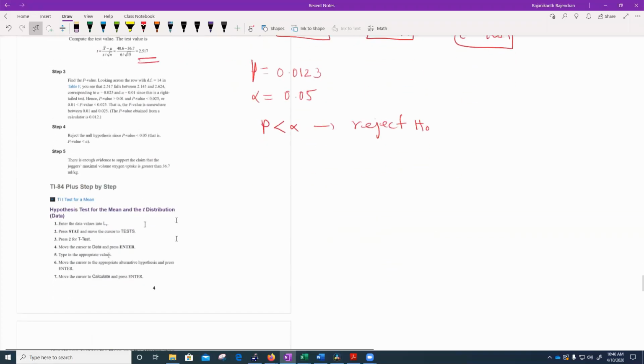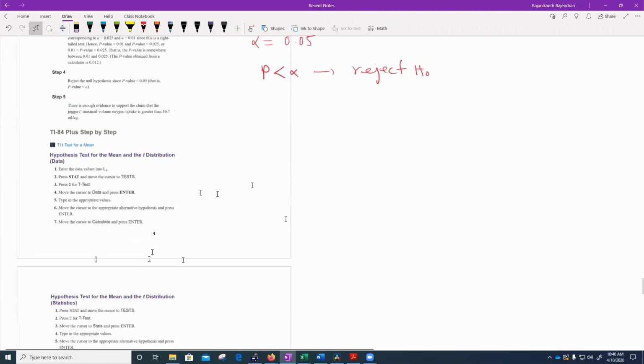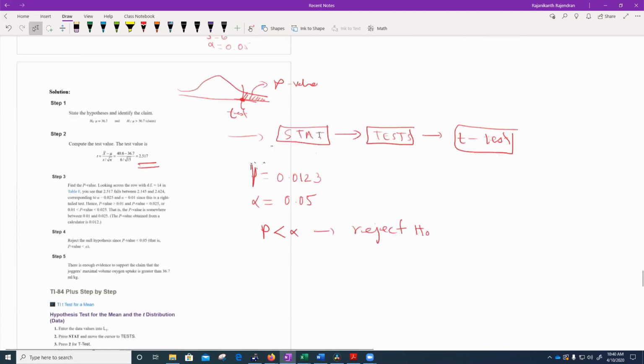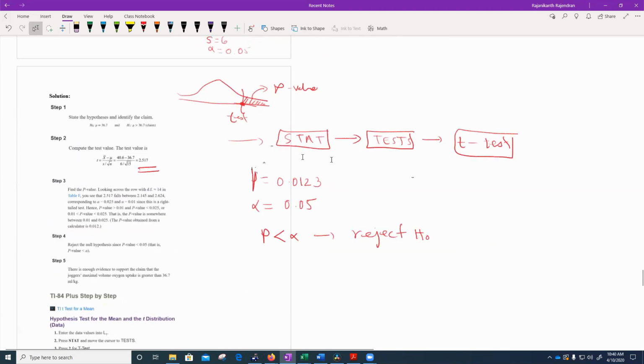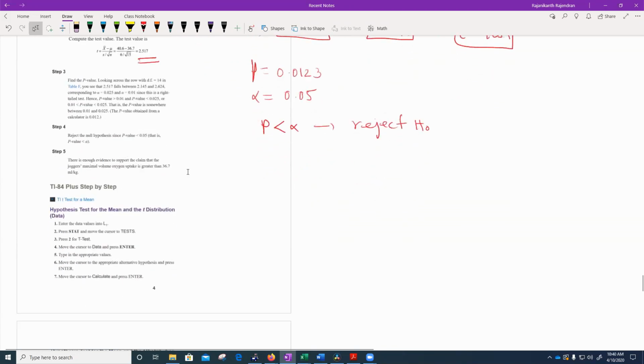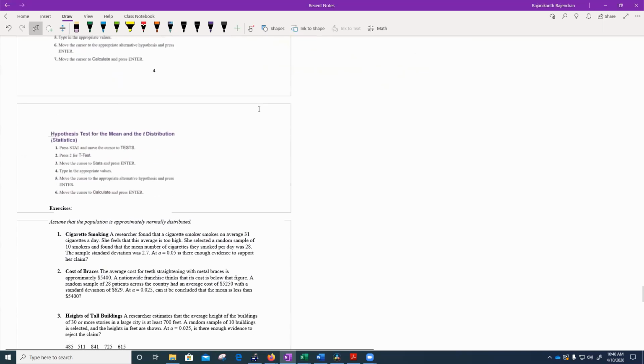So this is all about the calculator method, and you just practice, okay? Remember, we are going to do multiple choice for the final. Therefore, using the calculator is essential. So make sure that you understand how to use the calculator, okay?